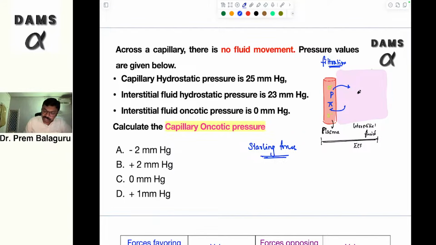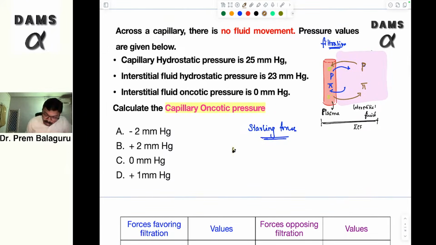On the opposite side, if you take up interstitial fluid hydrostatic pressure, the pressure here is going to resist or oppose filtration, whereas oncotic pressure in the interstitial fluid will be pulling the water out of the blood vessel. It will be favoring filtration. So this is the way the filtration is going to be happening, and these are all the net forces, guys.